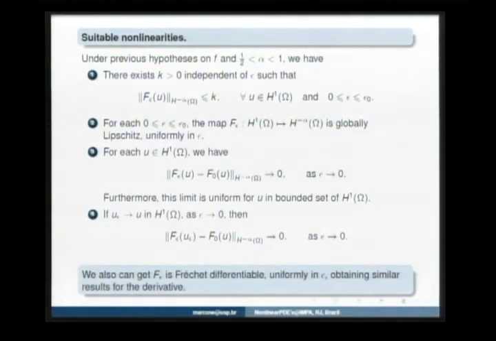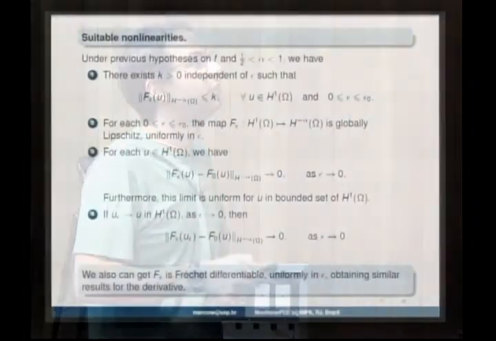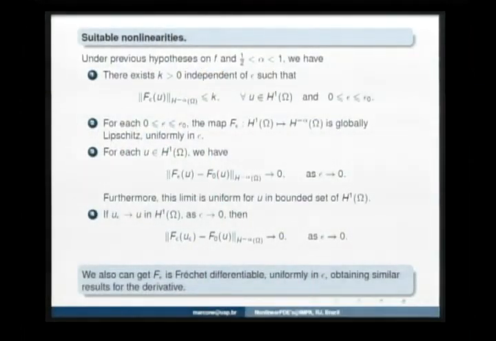After that, we have to study the nonlinearities, and we can show these properties for them. They are uniformly bounded in epsilon, globally Lipschitz in epsilon too, and we can take the convergence with respect to epsilon in bounded sets in H1, and we can prove the same properties for the derivatives.